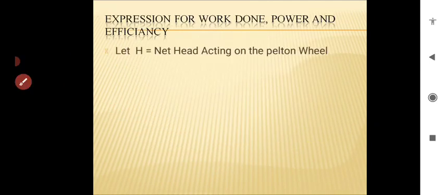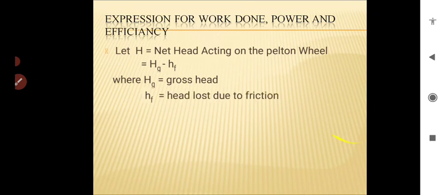Now the expression for work done, power and efficiency. Let H be the net head acting on the Pelton wheel, that is H equal to Hg minus Hf, where Hg is the gross head and Hf is the loss of head due to friction. The loss of head due to friction may be calculated using Hf equal to 4FLV square by 2gD, where D is the diameter of the penstock.